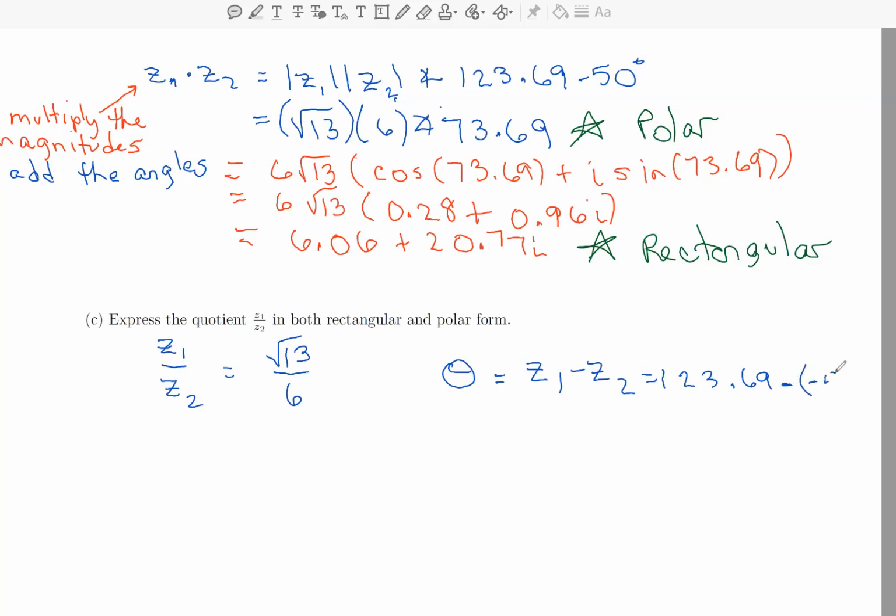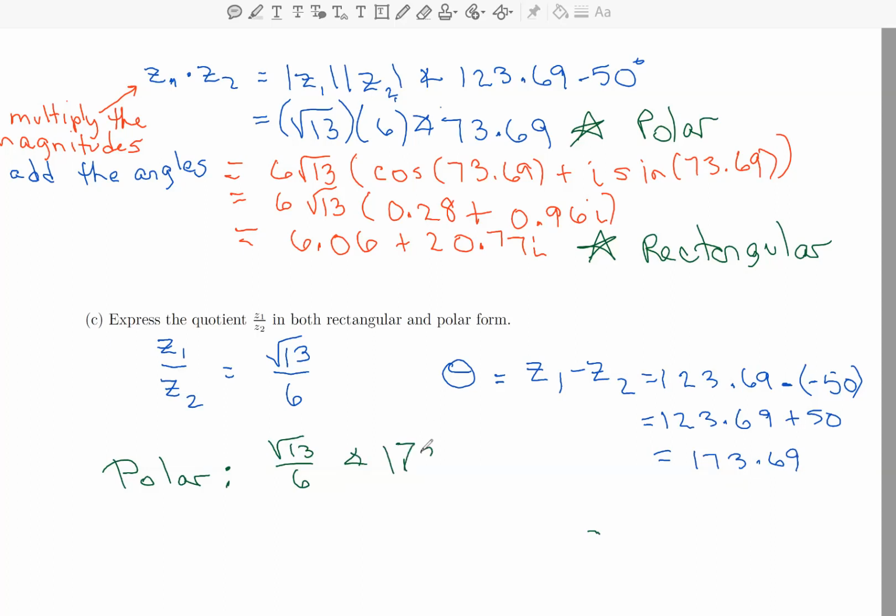So this is 123.69 plus 50, which is equal to 173.69. Now in polar, we have the square root of 13 over 6 at an angle of 173.69.